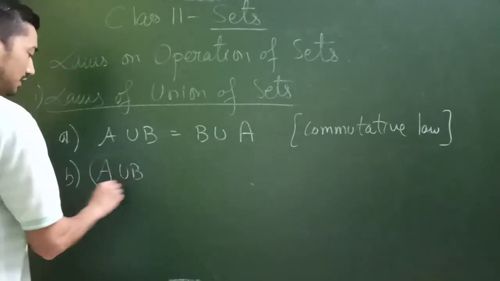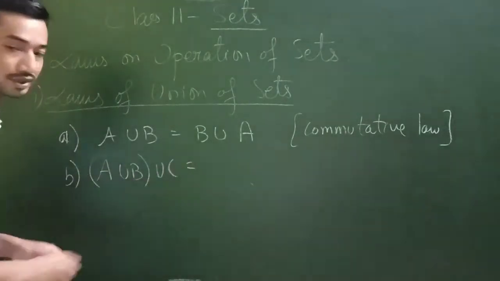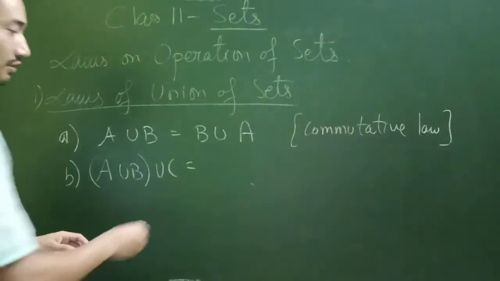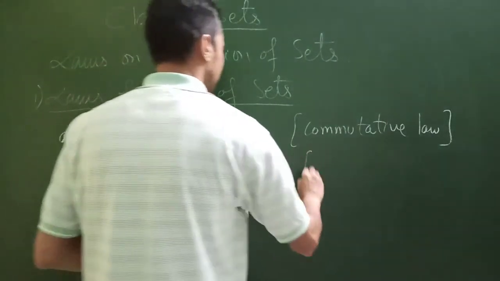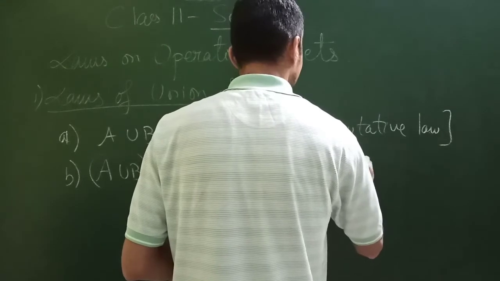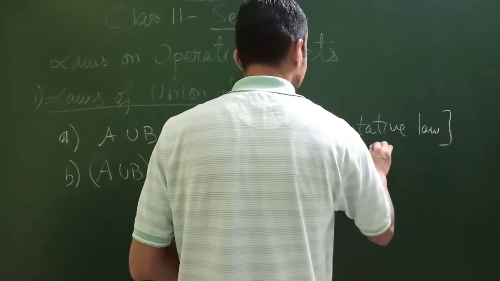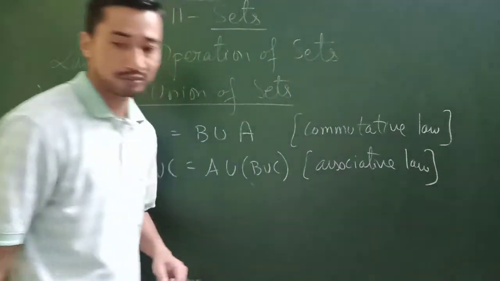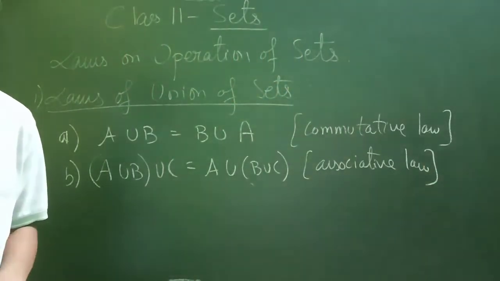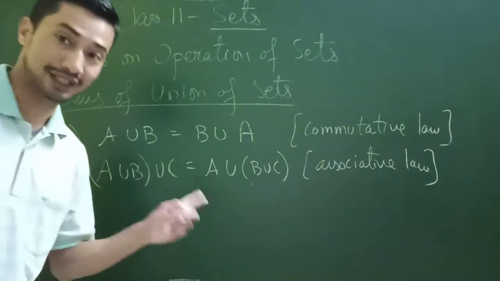Next is the associative law: A union B union C will be equal to A union of B union C. Associative law. If spellings go wrong, please forgive me. Don't forget I'm a maths teacher, though of course I also say English is very important.